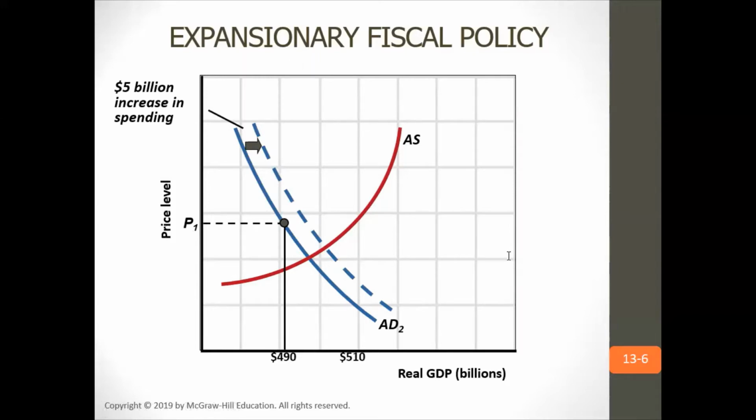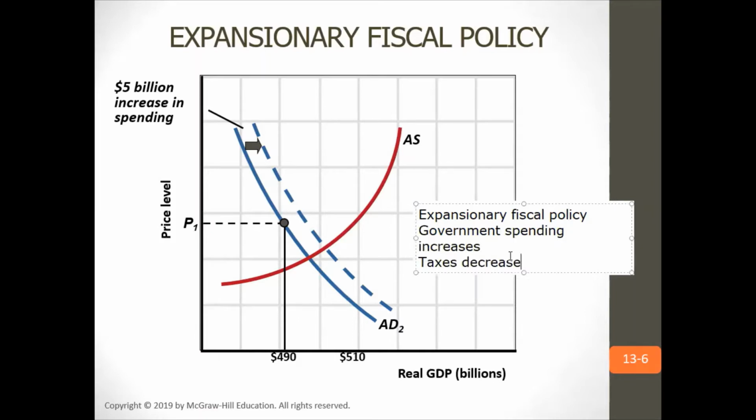This is when government spending increases and taxes decrease, leading to higher prices and higher real GDP.